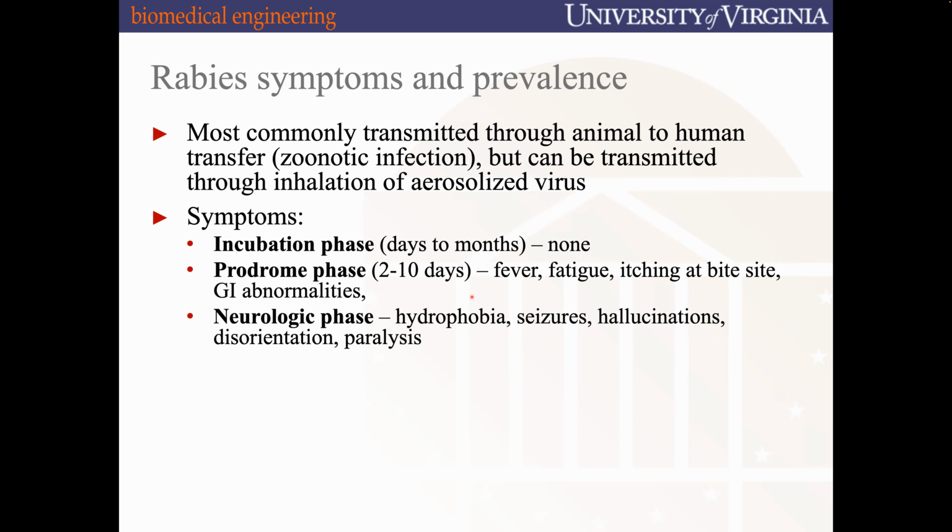But thankfully, in the US, a lot of animals are vaccinated for rabies. Specifically, dogs are one of the main transmitters, but dogs that people own are generally vaccinated for rabies. So this is more of a danger in countries where there are wild dogs or other types of animals that are not being vaccinated.